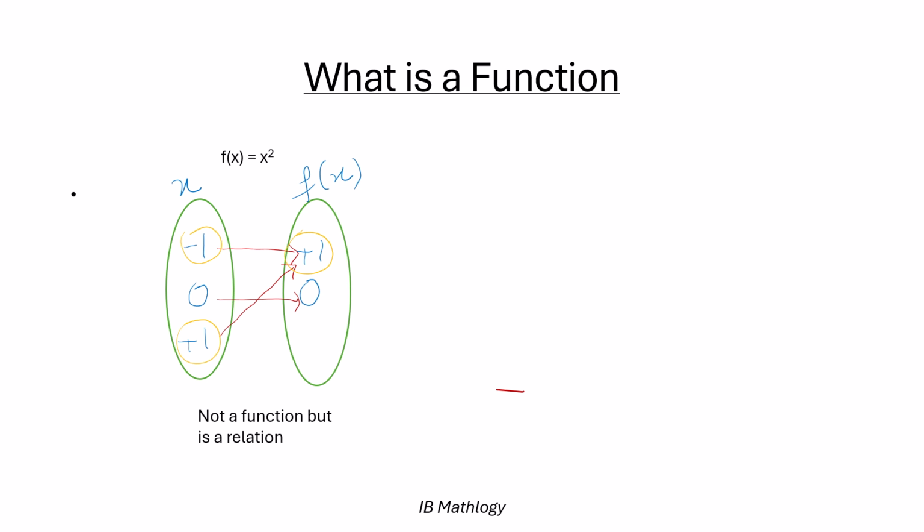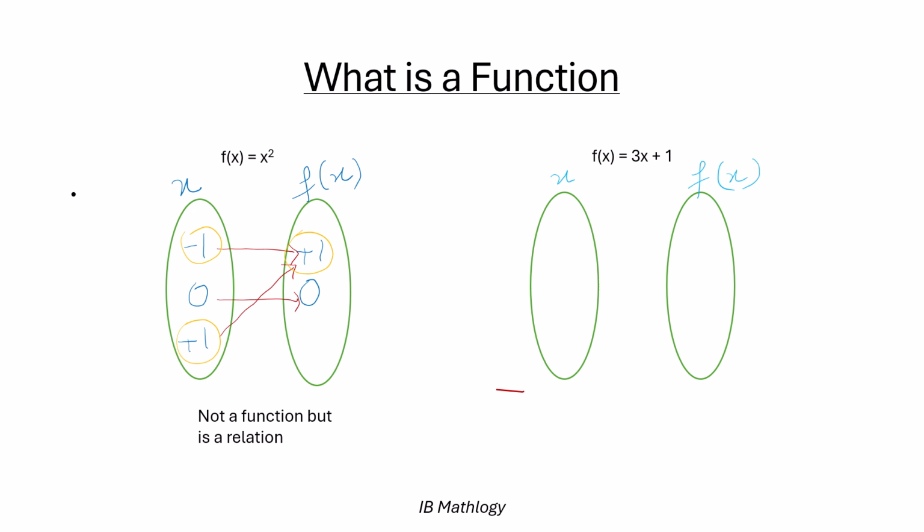Now let's understand functions through a mapping diagram. Let's take another example of f(x) is equal to 3x plus 1. Again, the first circle will represent your x values and the second circle will give you f(x) values. Now let's put x as 0. So 3 into 0 plus 1 will be 1. Let's put x as 2.